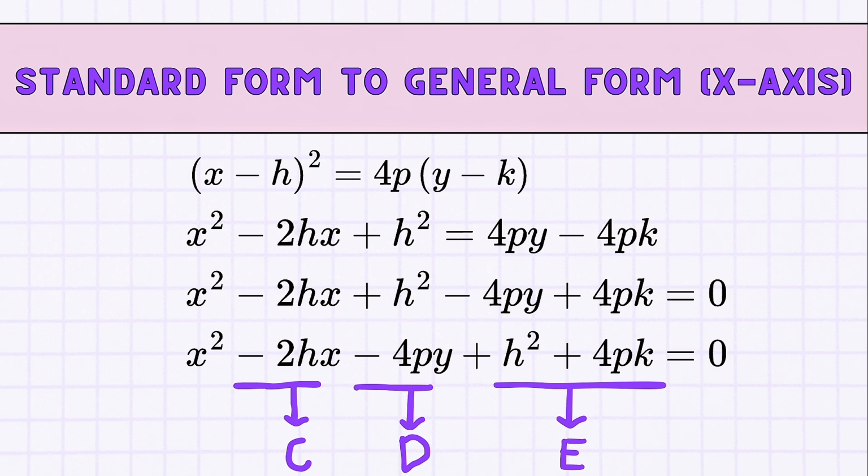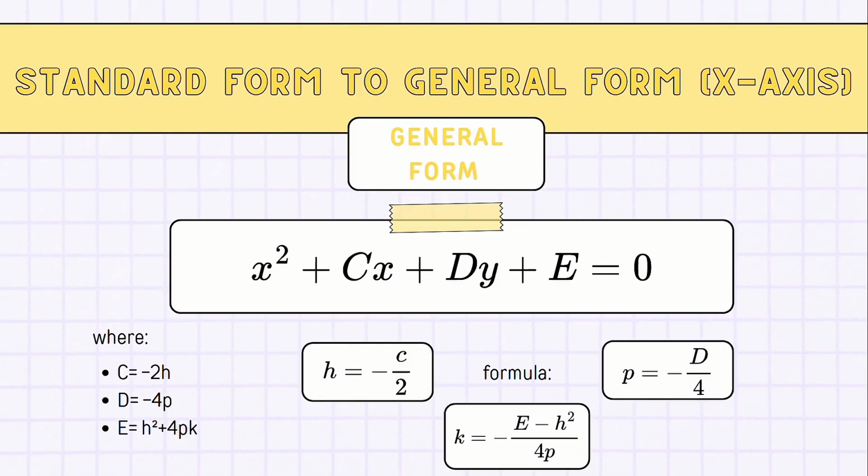Now, we just rearrange it. We get x squared minus 2hx minus 4py plus h squared plus 4pk. So, our negative 2h will be our C, and our negative 4p will be our D, and our h squared plus 4pk will be our E. So these are the formulas we can use.